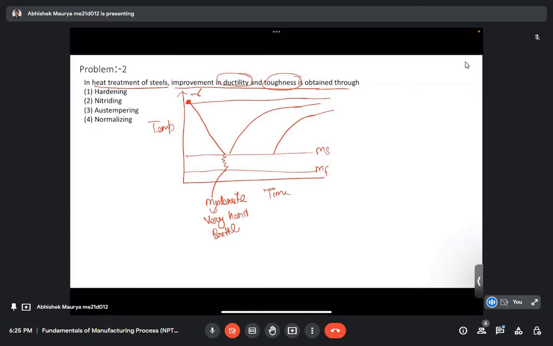So it will have very little ductility, and it is not tough. And suppose it is for faster cooling. If the cooling rate is very slow, what will happen?